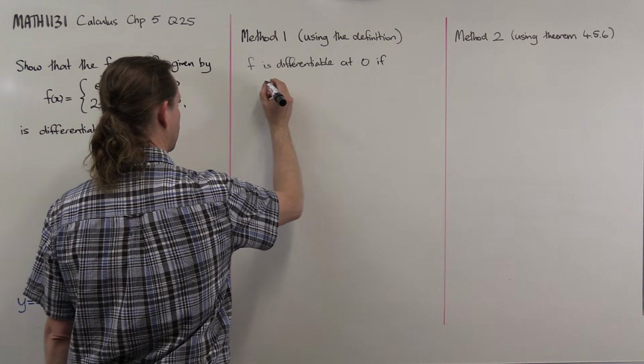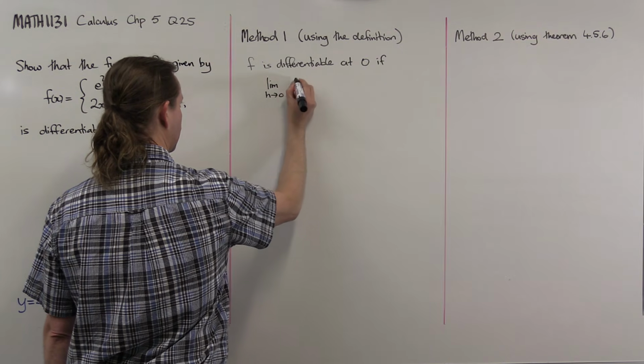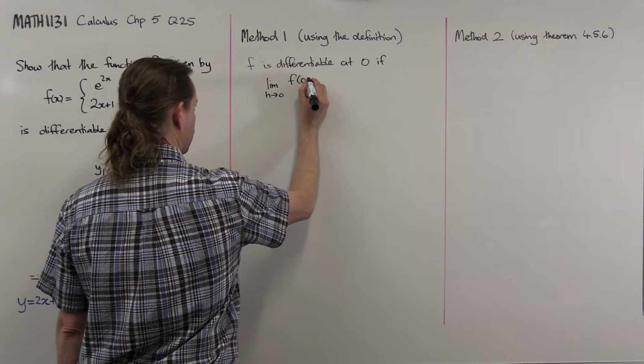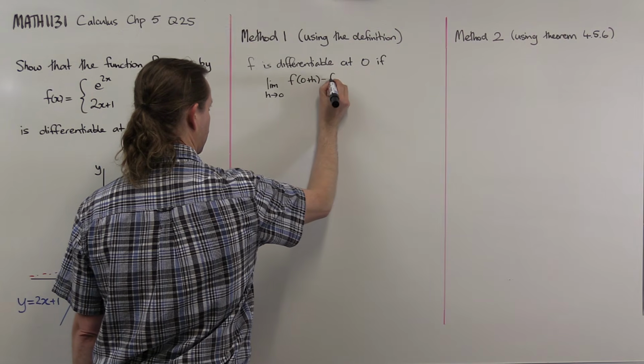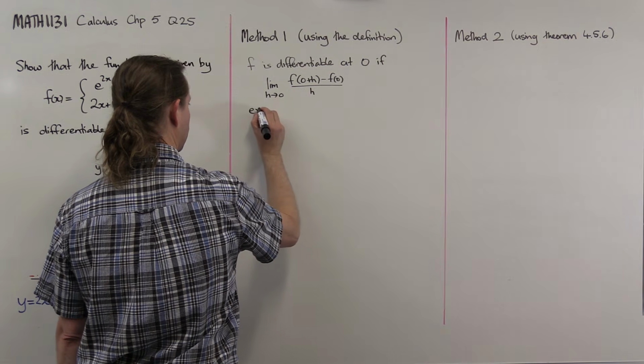So f is differentiable at 0 if this limit, the limit as h tends to 0 of f of 0 plus h minus f of 0 over h, exists.